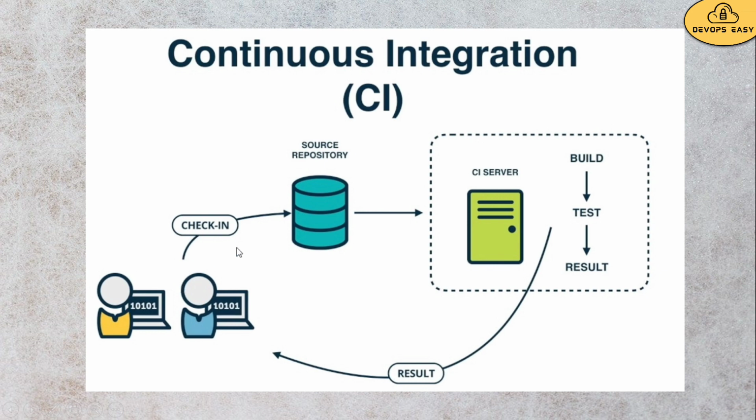Developer will just commit the code, and after that we will trigger it and create a package. If the package was done successfully, well and good, it will go to the next step. If there is any error, it will go to the developer and he will check that code, add the changes and push that. So within these two boxes, it is called continuous integration.